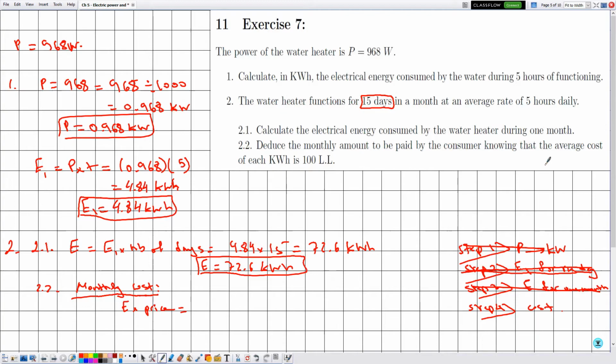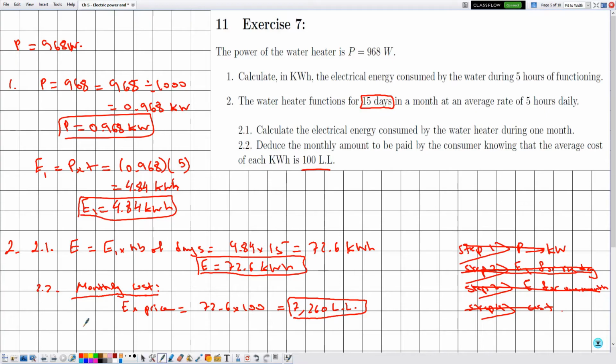They are telling me the average cost is 100 Lebanese liras, so E, which is 72.6, the total energy, multiplied by 100, is 7,260 Lebanese liras. Okay, then this is the cost. So this is it for the electric bill.